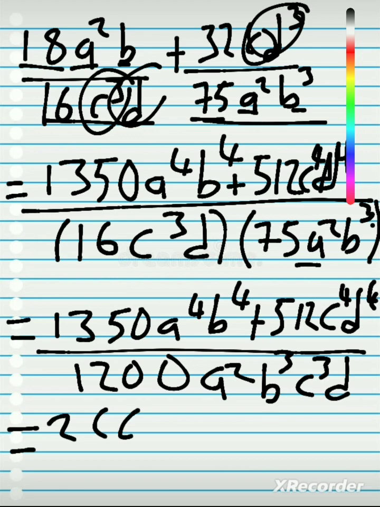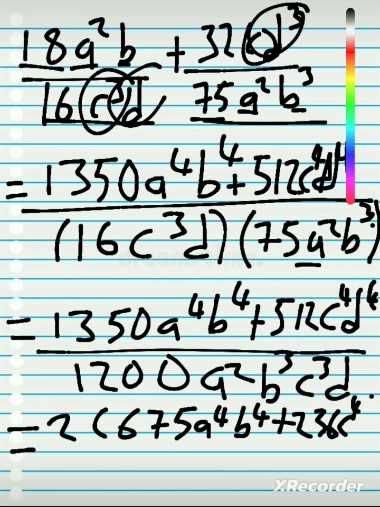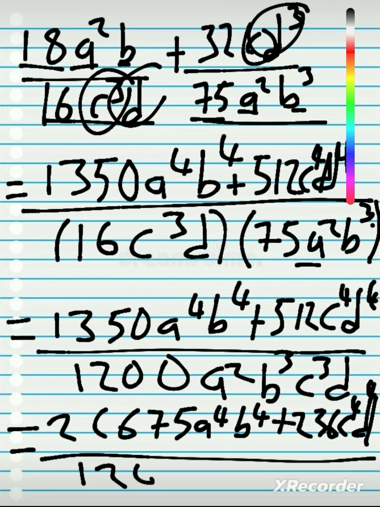So 675 a power 4 b power 4 plus 512 divided by 2, which is 256, c power 4 d power 4, in brackets, over 1200 a power 2 b power 3 c power 3 d.